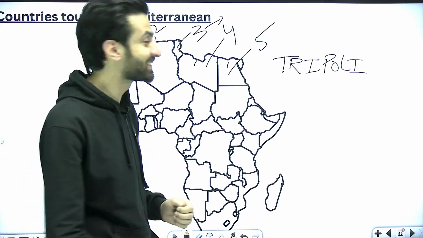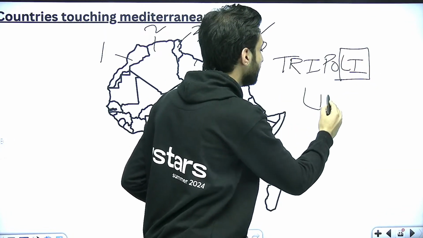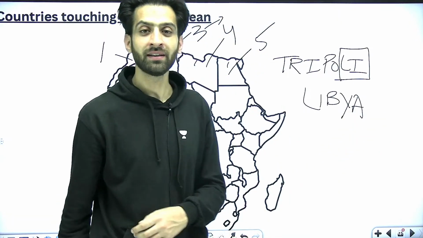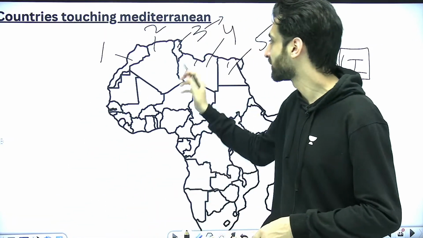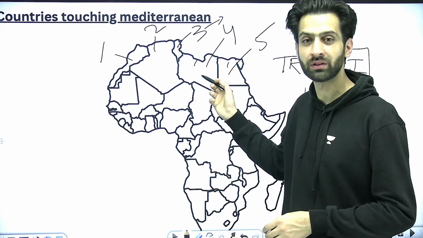No cheating. Okay, that's good. See, cut the last 2 words, Libya. That is Libya. Okay, that is your answer for the question of Tripoli. Then you know the capital of Rabat and Algiers and Tunis, everything you know.